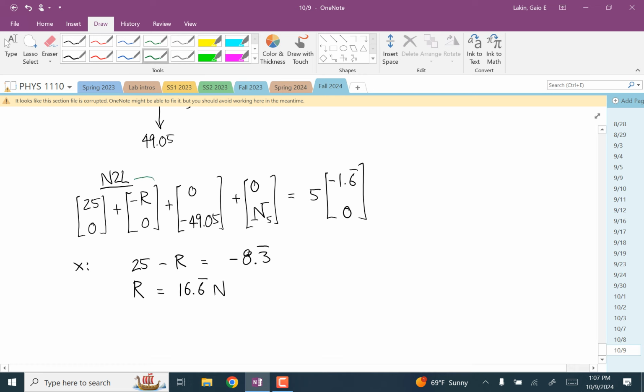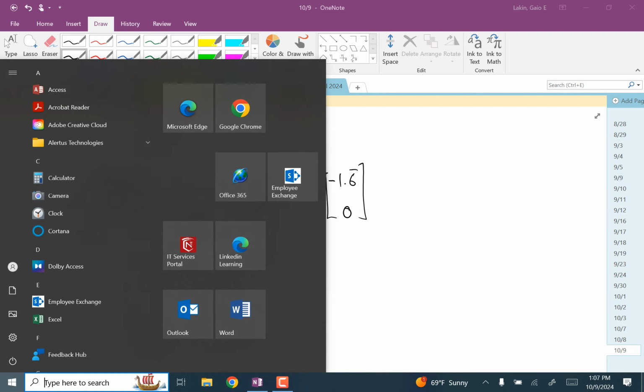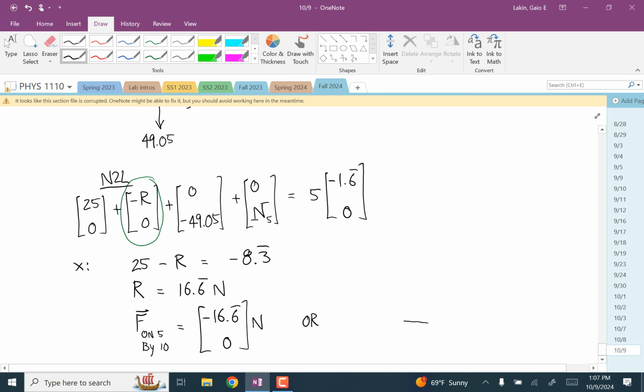Plug that into the force vector we want, and we get that the force on the 5 by the 10 is equal to negative 16.6, 0. Or in other words, that's in the negative x direction. So that's this way at 16.6 repeating.